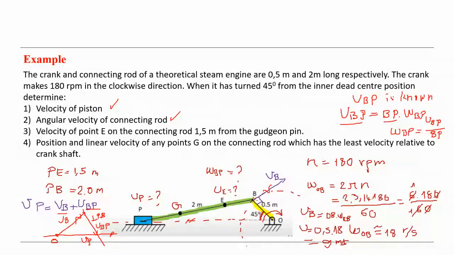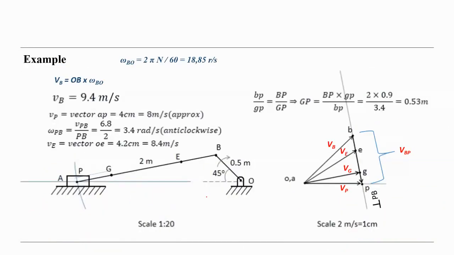We know the length, we know the velocity of the point P, and the velocity of E must be perpendicular to this line, and this is also known. Using this relation, we can calculate the velocity of the point A, like here.